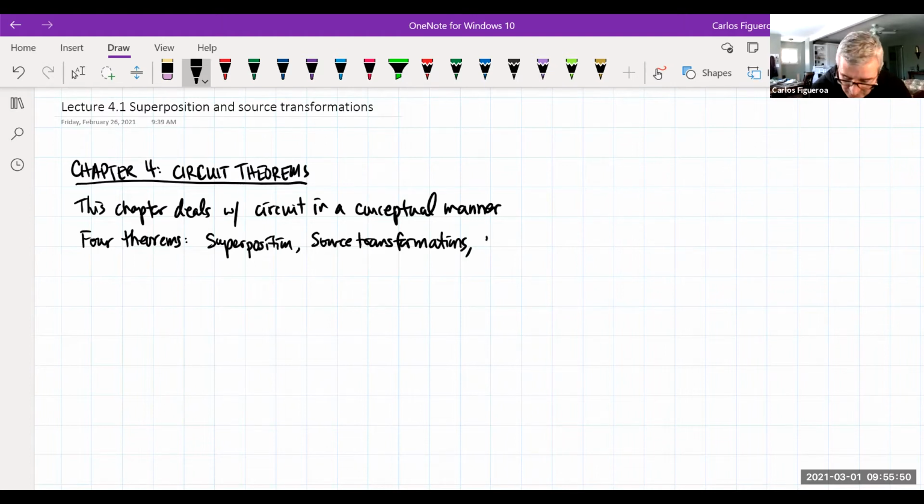And then we get to the most important concept in this chapter, Thevenin-Norton equivalence. This is without doubt the most important concept. And then there's this little tiny theorem called maximum power.